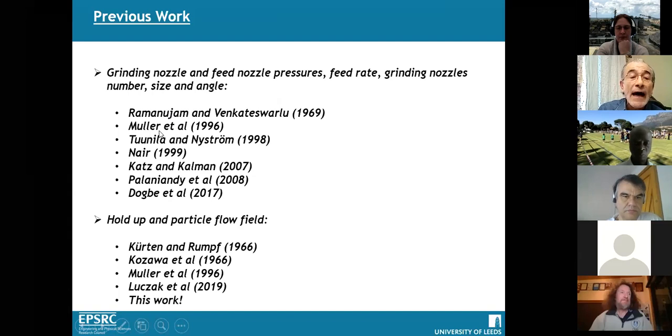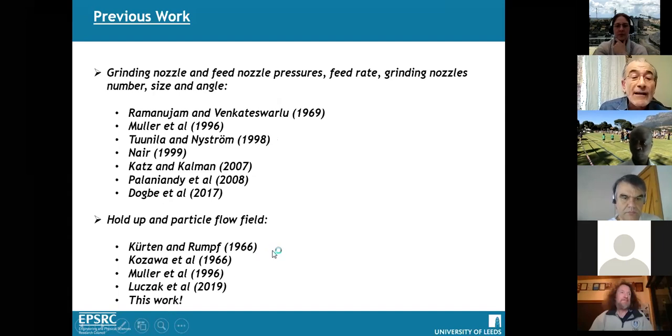Frank Muller and Polke from BASF have done a lot of work in that area. And also Katz and Kalman, and more recently, my previous PhD student, Selassie Dogbe, did work on that area as well. On the holdup, we have the work of Coulton and Rumpf, Kozawa, Muller, Lusak, and also this work.